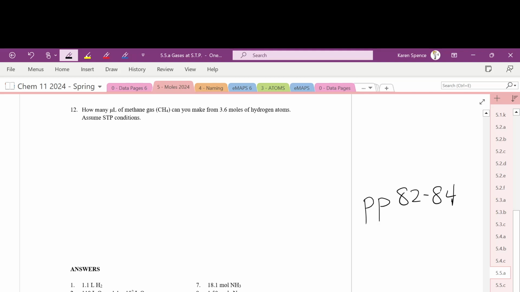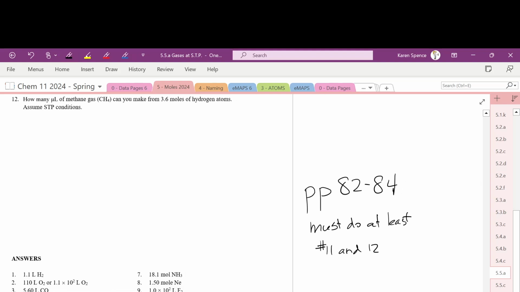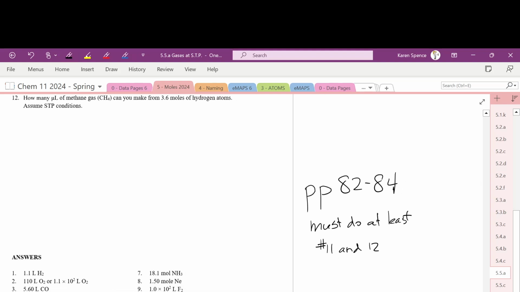And if you do nothing else, you must do numbers 11 and 12. And if you're finding it more challenging, or if you're having trouble remembering where the 22.4 goes, you should do the odd numbers.